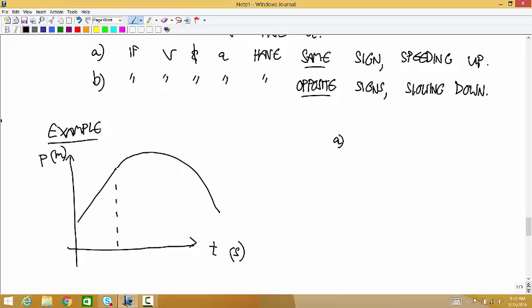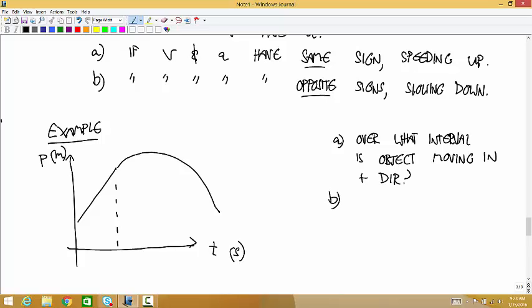And I want to know over what interval is the object moving in the positive direction, same thing now, but negative direction for part B. Then for C, over what interval is the acceleration equal to 0?